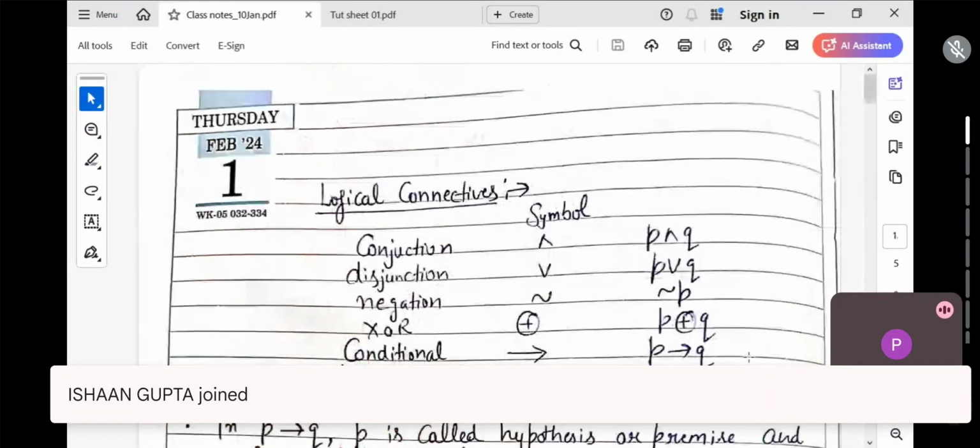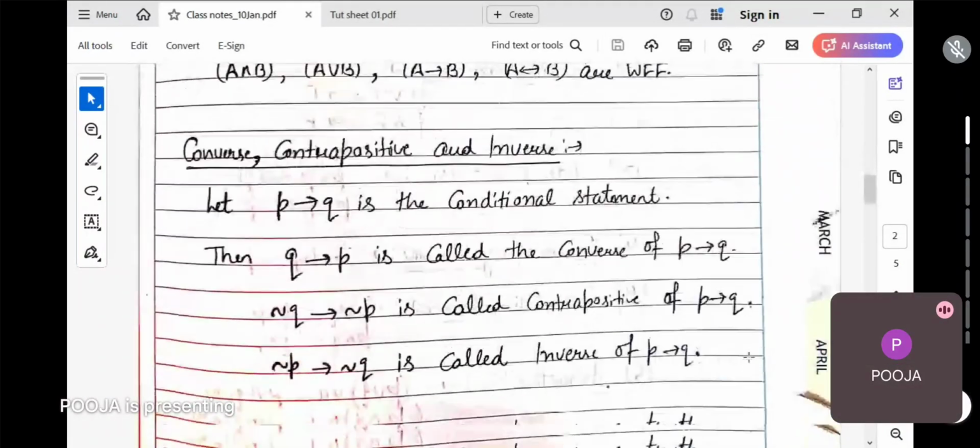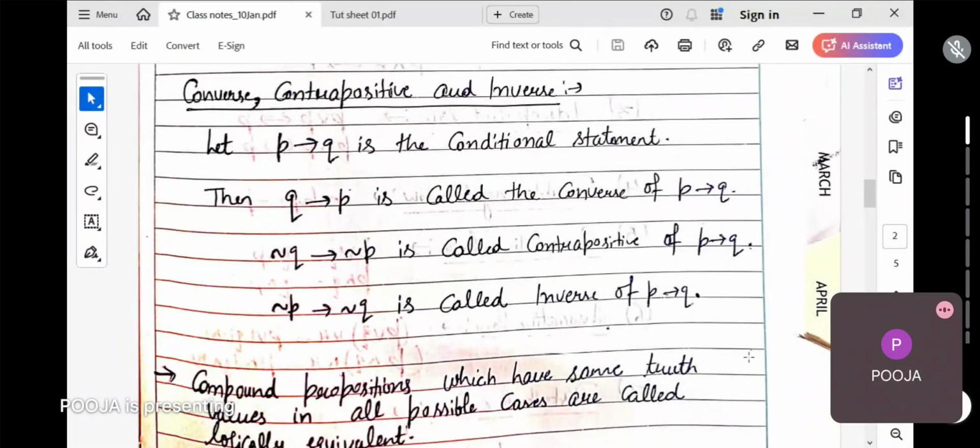So whenever we have a conditional statement, we have to read three things together: converse, contrapositive, and inverse. The converse we all know from mathematics. Whenever we prove something in one direction, the other direction is known as the converse. If P implies Q is the conditional, then Q implies P is the converse of that statement. Negation P implies Q is false, P implies Q is true.